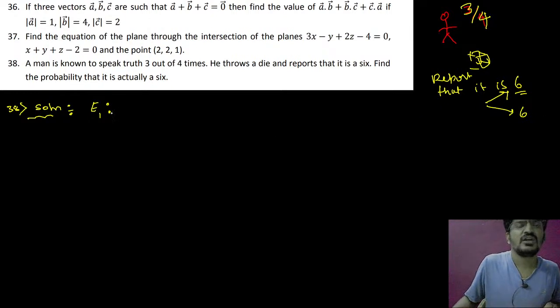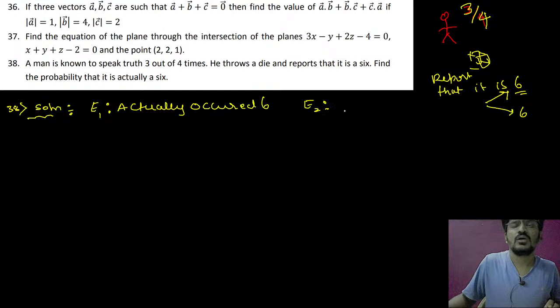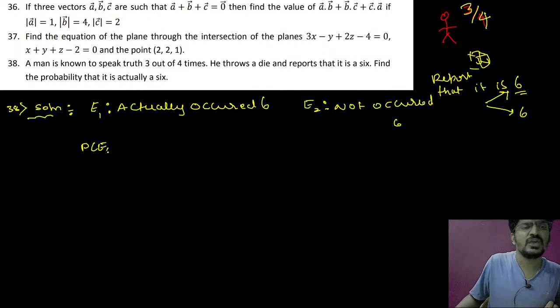If I take event E1, actually occurred 6, and event E2, not occurred 6, what is the probability of E1?